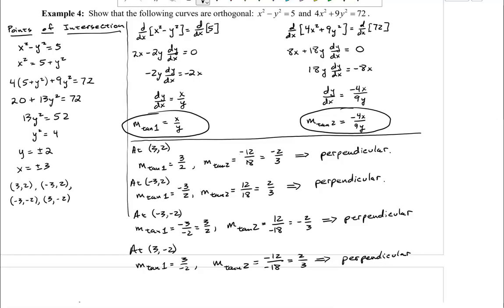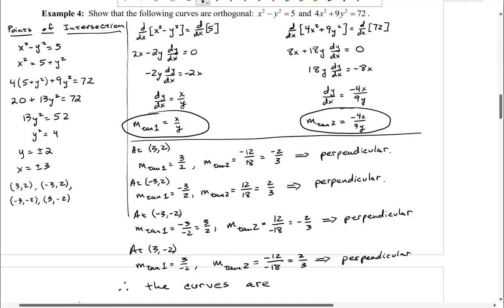So in each case, the tangent lines at the points of intersection are perpendicular. Therefore, we can say that the curves given in this problem are orthogonal. Go ahead and do the similar problems that follow.